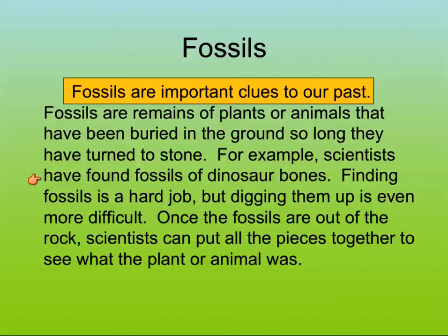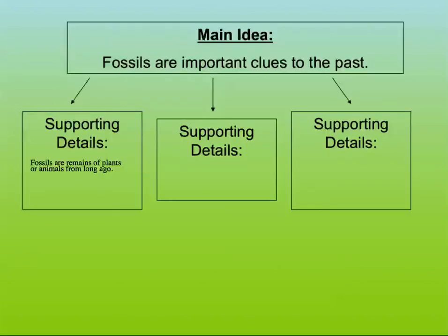That's another supporting detail. Very good if you noticed that one. Scientists finding fossils isn't the main idea. The main idea was fossils are important clues to the past, and both of these are examples why.